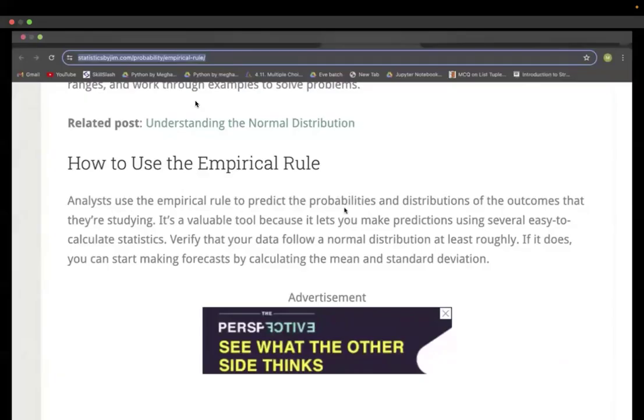What we were doing was predicting the probability of the confidence interval, 95% probability, and the distribution of outcomes. We were studying CI with the SND. That's why we use the empirical rule. That's how the data is deviated or spread in the distribution.